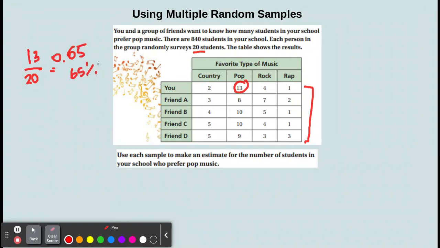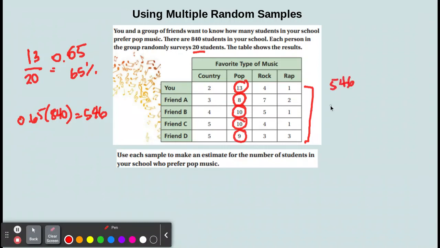Then you would assume that 65% of the 840 students in your school also like pop music, and you can calculate that by 0.65 times 840, and that ends up being 546. Okay, so you can do that for each of your friends, and you will all come up with your own estimates.